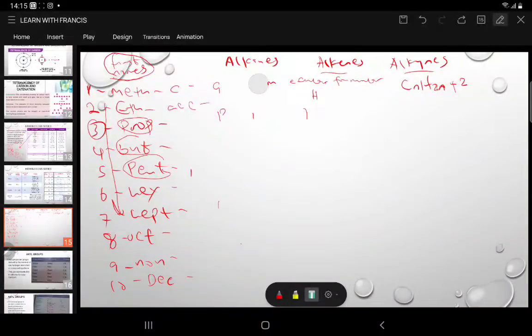So we now understand that. Now here are all the families.